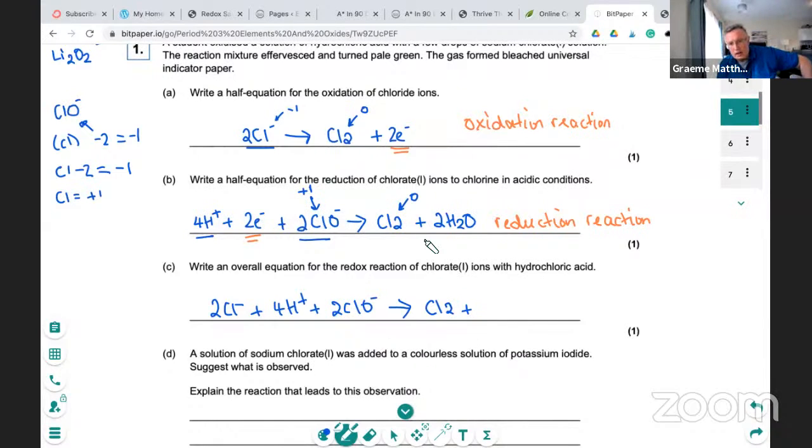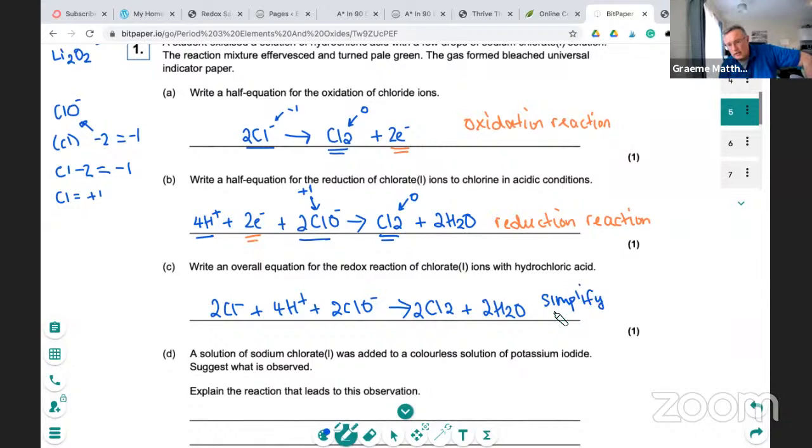Got it. All right, so I've got Cl2 here, and I've got Cl2 up here. I can add these two together. This would be 2Cl2, and 2H2O. So the 2Cl2 is like this, and I add together the 2H2O. And so this would be correct, but can I simplify down? This is what I was checking to make sure.